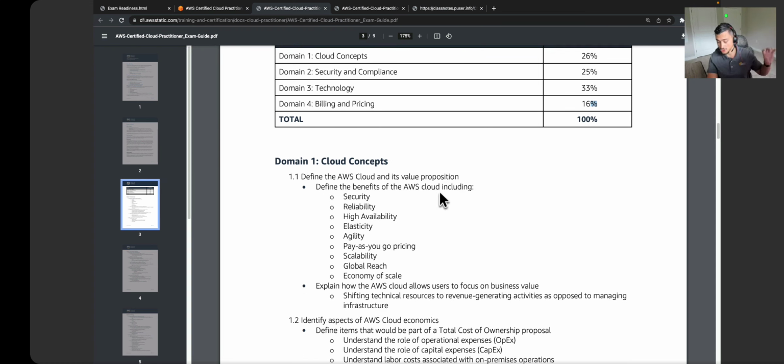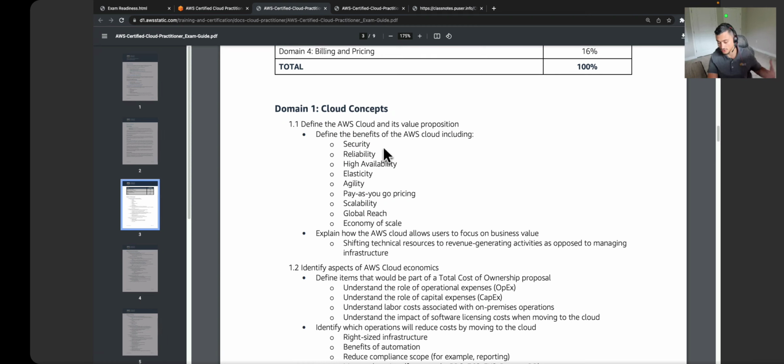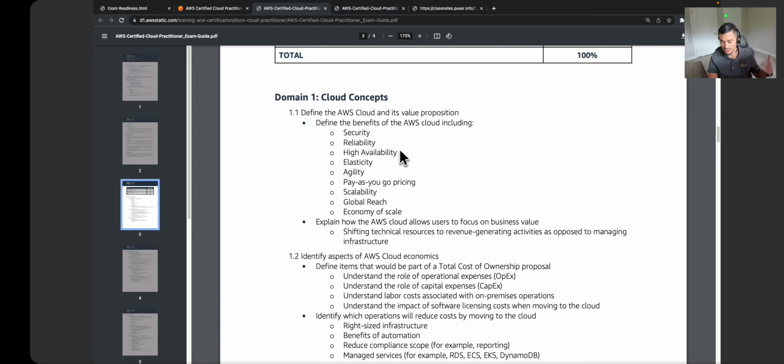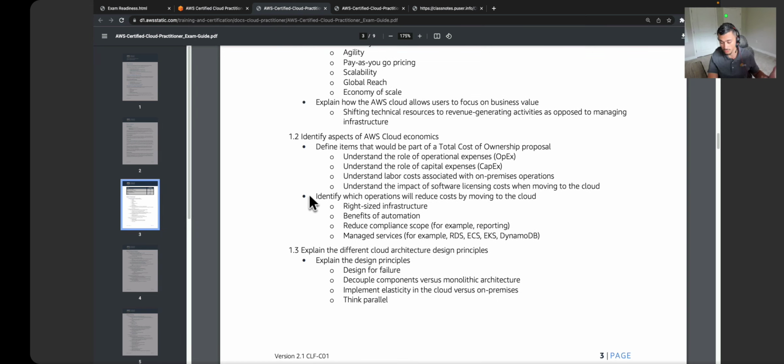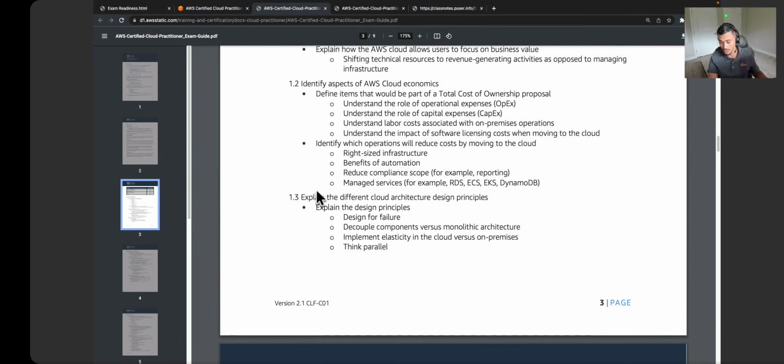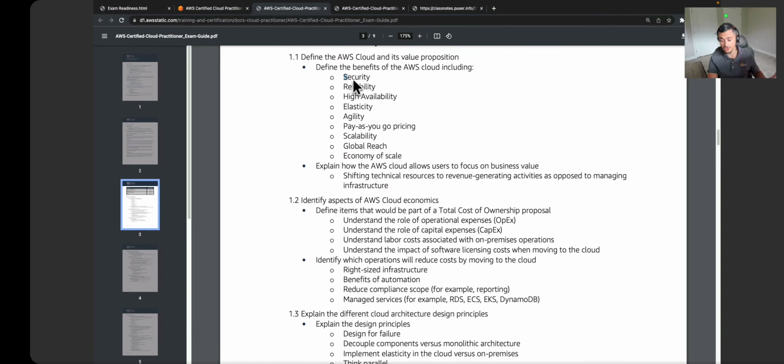And then under each of those domains, here's where you can sort of treat that as a checklist, as I was saying, because under each of the domains, we have subdomains, right? So domain 1 covers subdomains 1.1, 1.2, and 1.3, right? And then under each subdomain, you have the particular topics that you should be aware about, right?